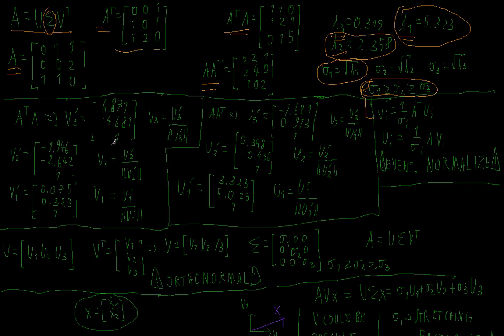If you find the eigenvectors for A transpose A, you will get your vectors v sub 1, v sub 2, v sub 3 in our case, contained in your matrix V, or I should say V transpose. And if you find the eigenvectors for A A transpose, those will be the vectors u sub 1, u sub 2, u sub 3 contained in your matrix U. Remember that difference: A transpose A gives us the vectors inside the matrix V, and A A transpose gives you the vectors inside the matrix U.